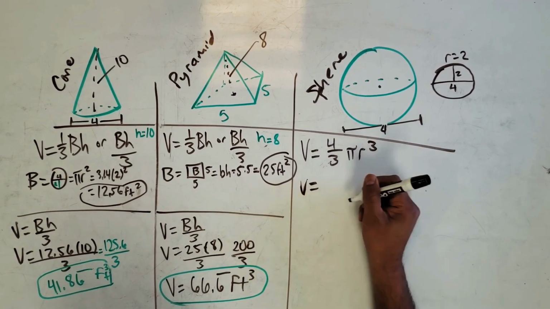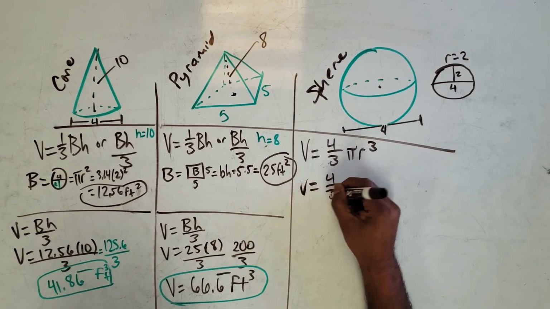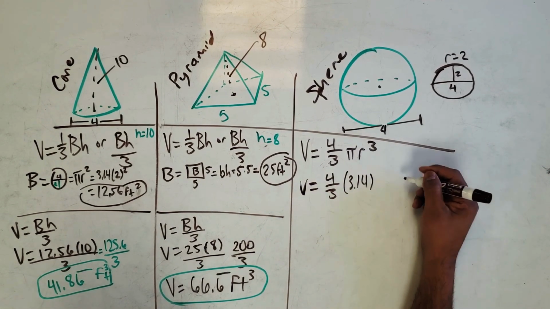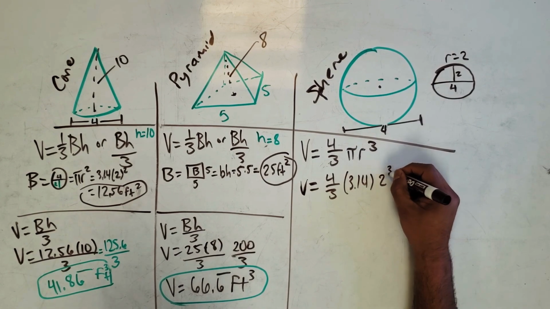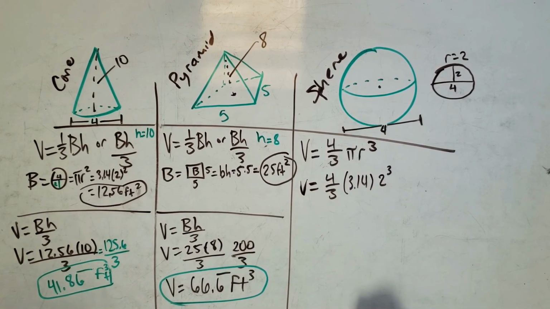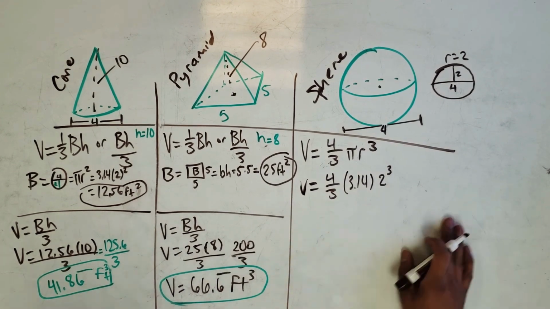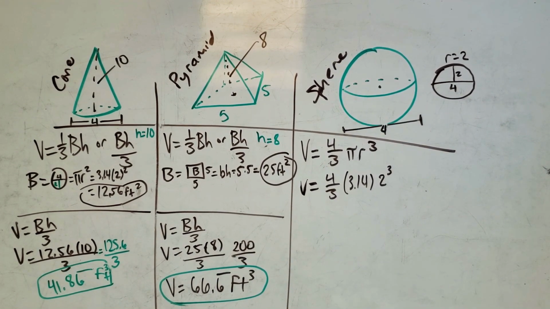So V equals 4/3, and then pi, which is 3.14, times the radius of 2 raised to the 3rd power. Okay? And if you're using the Google calculator, you can just type this in exactly. So let's do that. So 4 divided by 3, and then parentheses.